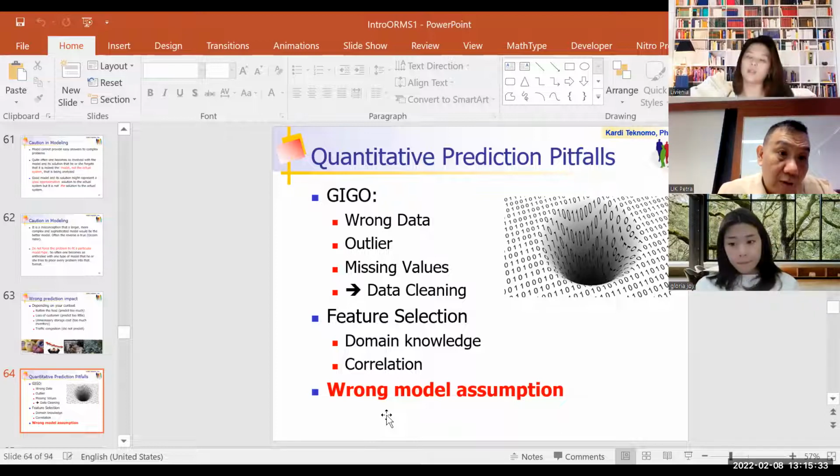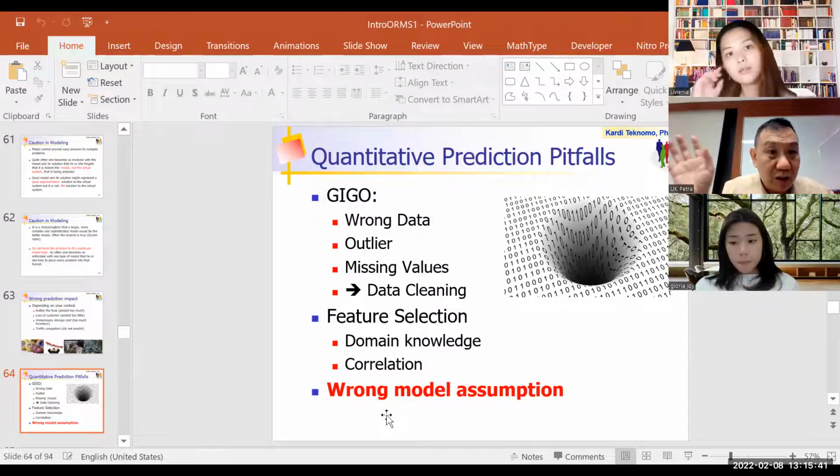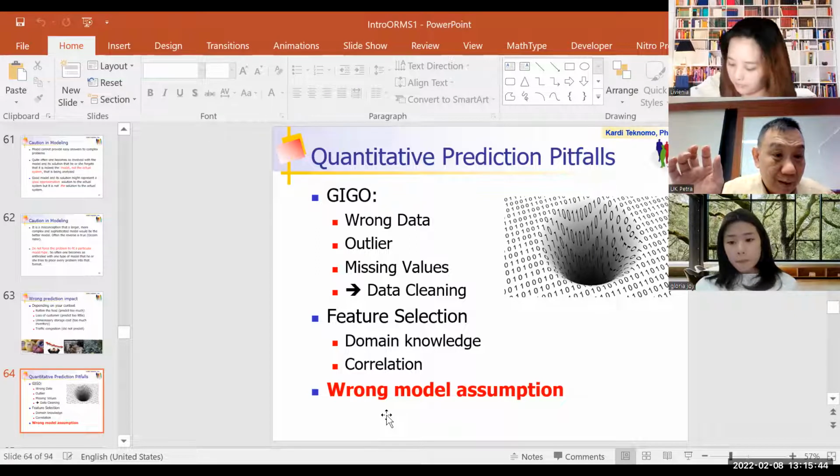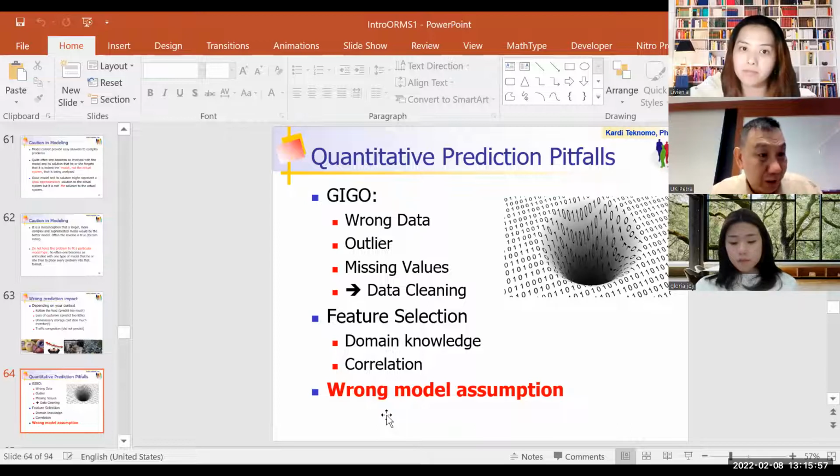The outlier means data that is not usual. For example, the data is 2, 3, 4. Suddenly you have 300. Oh, maybe they mistyped, adding 0. By checking the outlier, that data that is not usual, then you will know this is probably a mistake. Then you check again, for example, in the questionnaire. Oh, I mistyped this. You check the original data. Without cleaning, you just analyze, you will get wrong result.